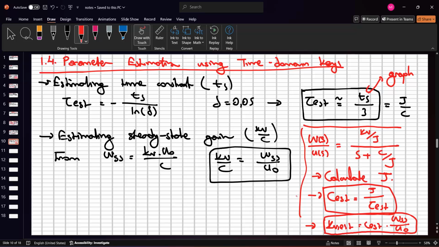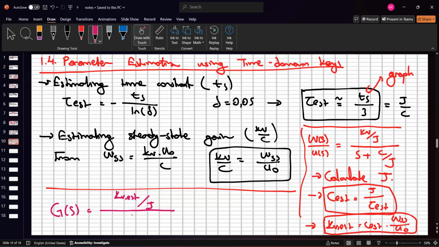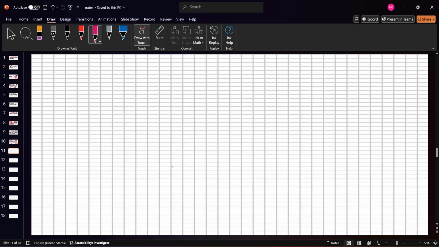And after that, the whole equation can be built, or the transfer function can be written as Gs is equal to kv est divided by J s plus c est divided by J. Our basic equation is given by these terms. Okay, so these are the basic theory, but right now we need to consider the practical implementation.